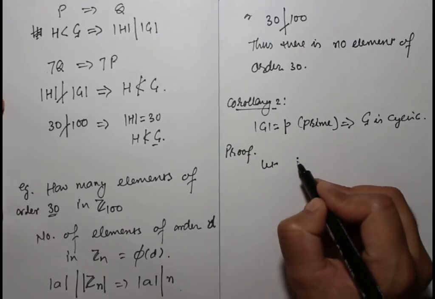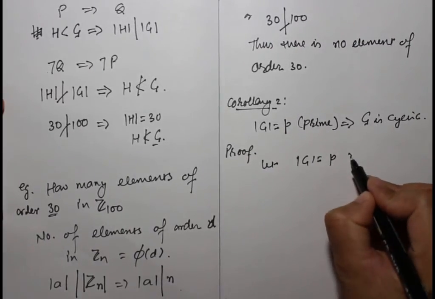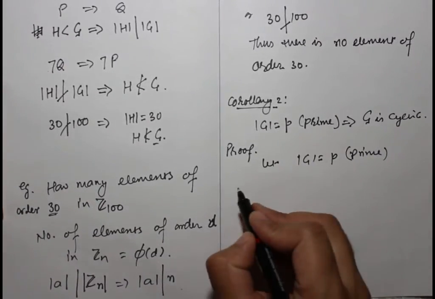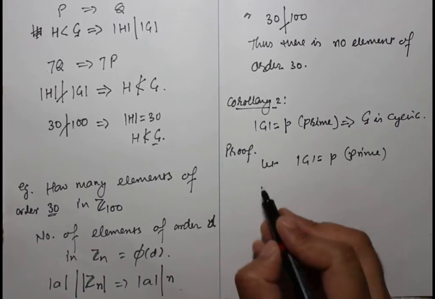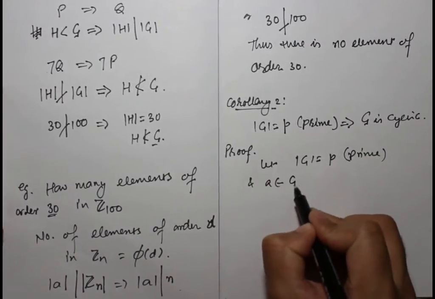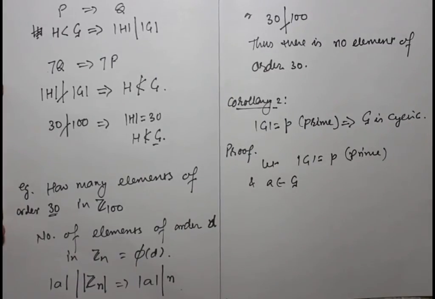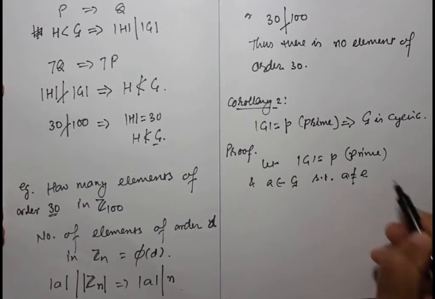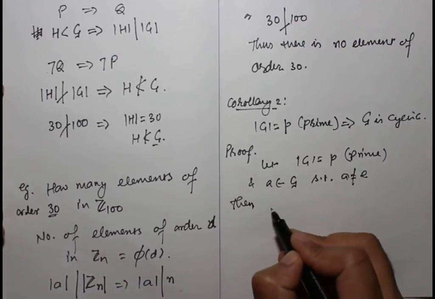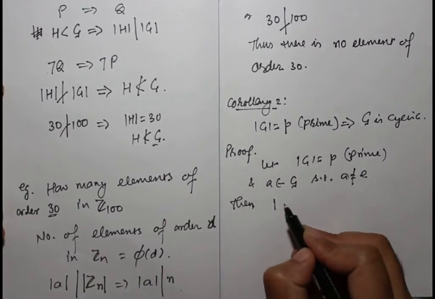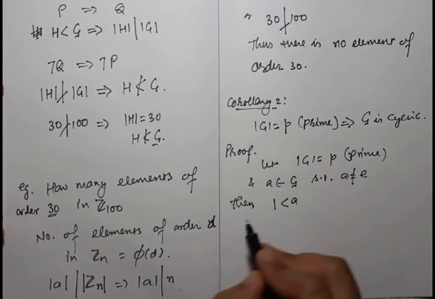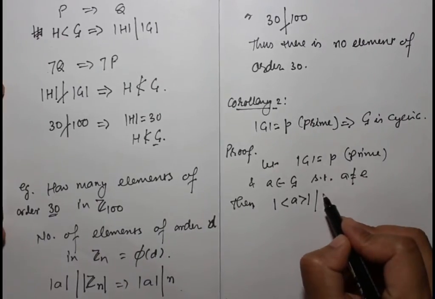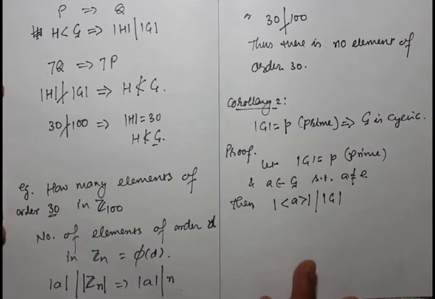Let order of G equals to P, where P is prime. Okay, we have to show G is cyclic and a belongs to G such that a not equals to identity. Then we know cardinality of set generated by a should divide order of G by first corollary.